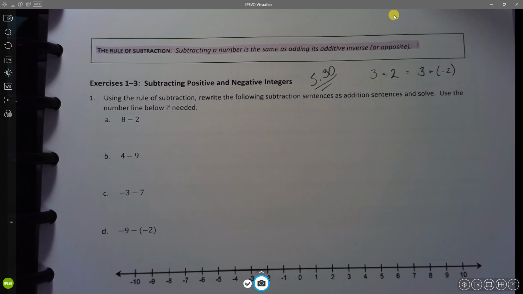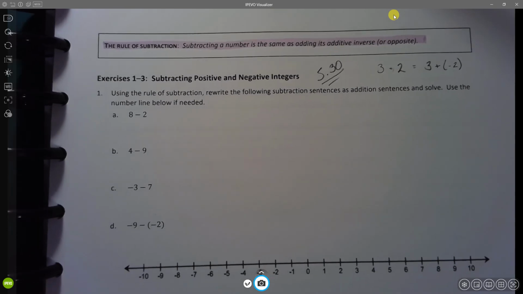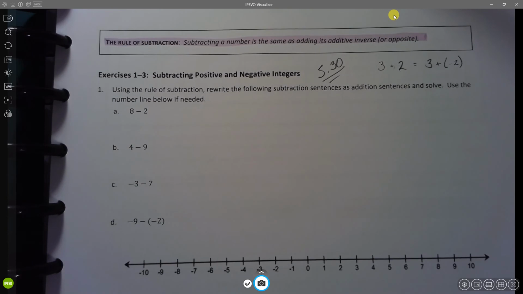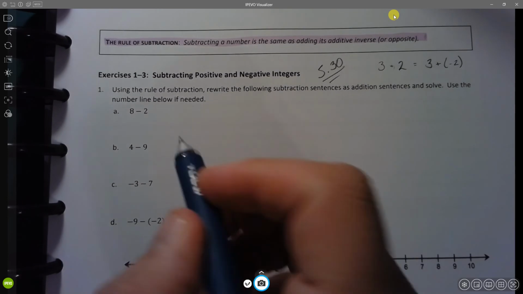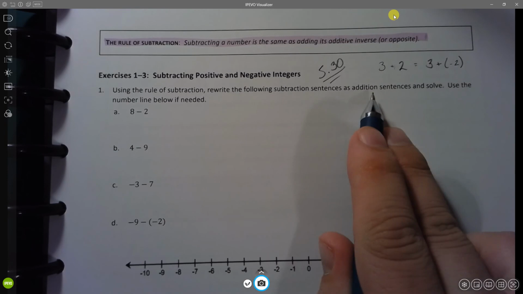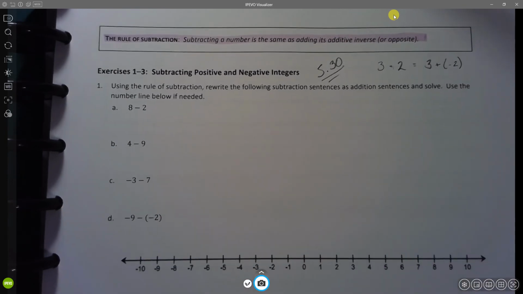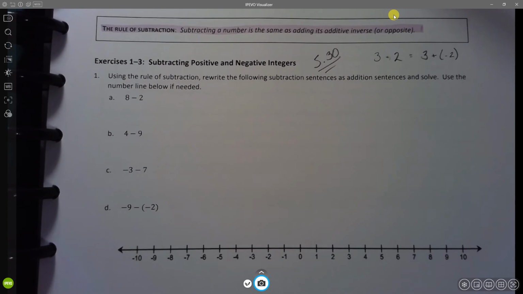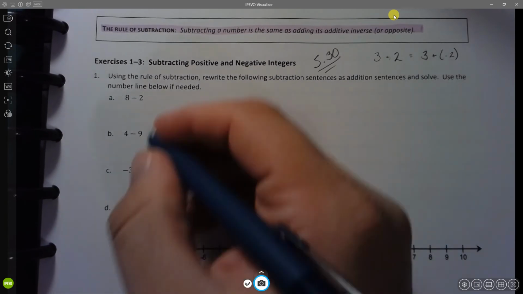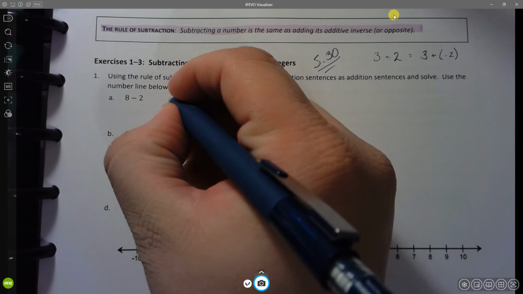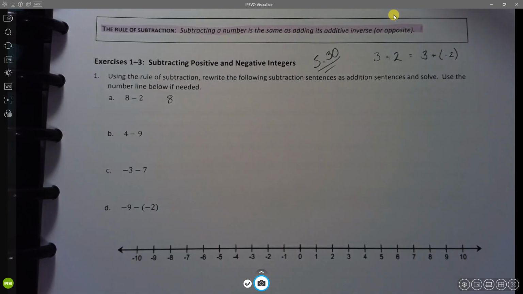Okay? So let's take a look at 8 minus 2. According to the rule of subtraction, we need to rewrite the following subtraction sentences as addition sentences and solve. Use the number line below if needed. If we need to use it, we can use the number line. So 8 minus 2. Well, I know that the first thing I'm going to do is leave the first number alone, so I'm going to write 8.